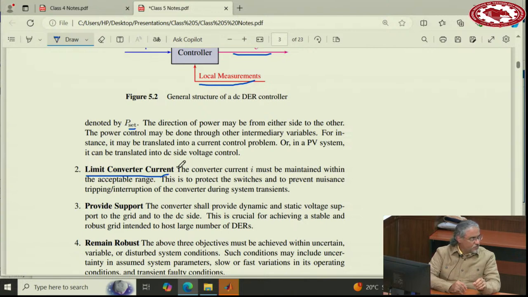A very short transient may be alright, but not for any extended time. This is a major difference between power electronic devices and standard machines with windings, generators and motors, which don't have this limitation. In a transient mode they can tolerate a huge amount of current, often several times larger than the rated value. But in power electronics, it's only a fraction of the rated value, not even 100%. So 20%, 30%, 40%, things like that.